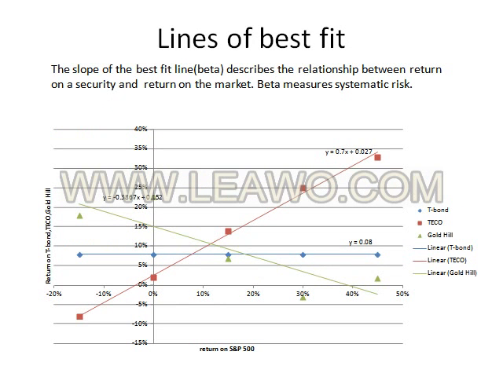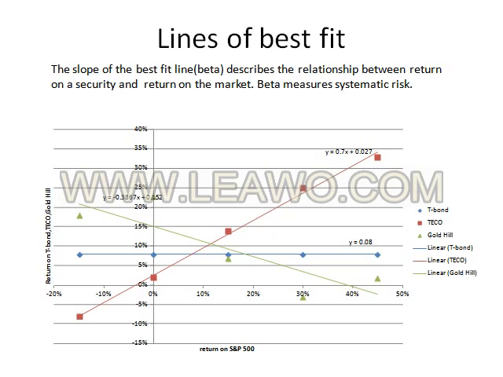Lines of best fit. This graph shows 3 lines. These lines are called the slope of best fit line, and they describe the relationship between the return on a security and the return on the stock market. These lines are also known as beta.